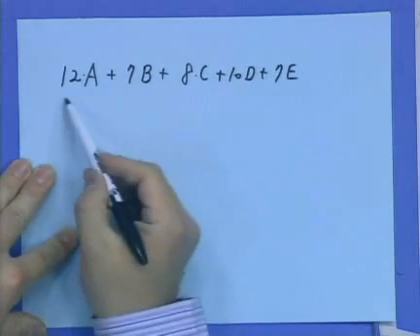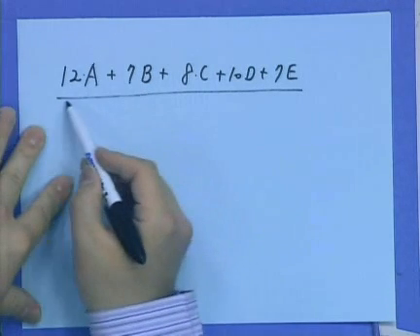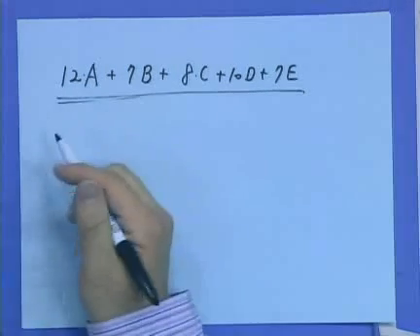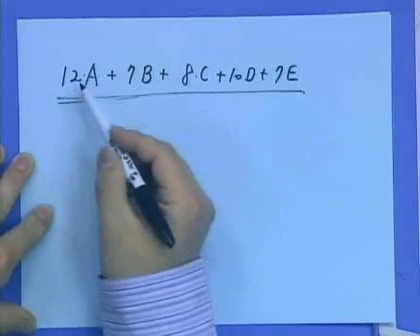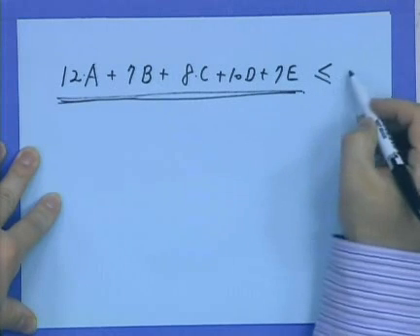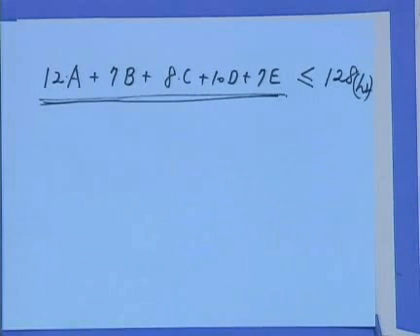These are the machine time required, right, for machine number 1, right? Sorry. So this value must be less than or equal to 128 hours. Is that correct? Times 60. Exactly, right?